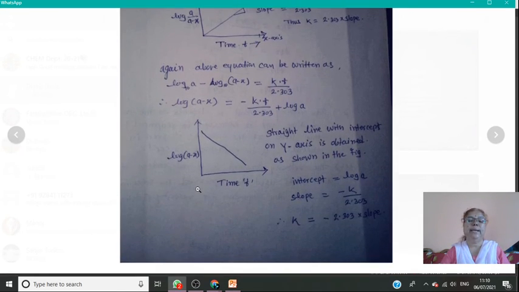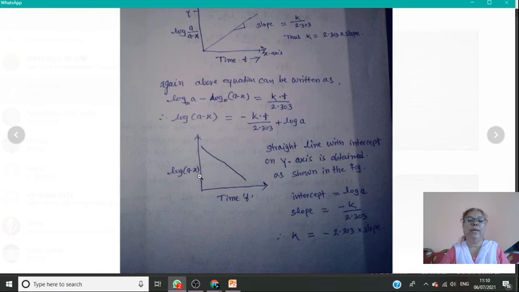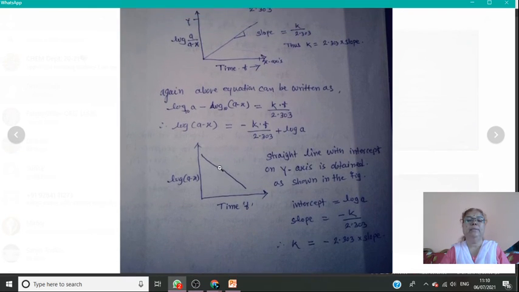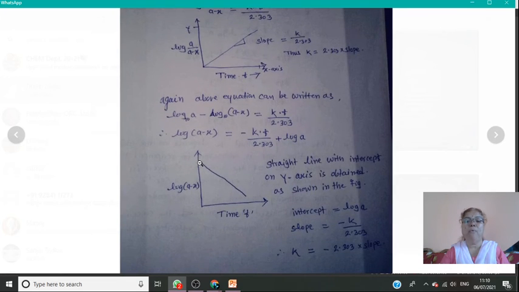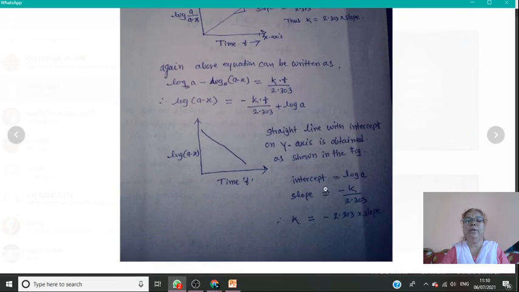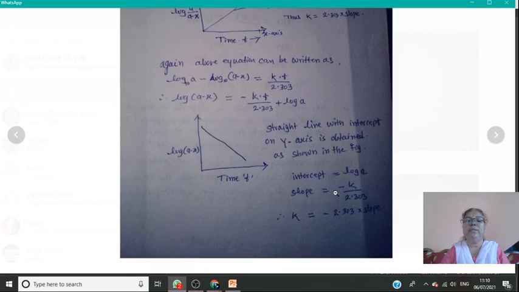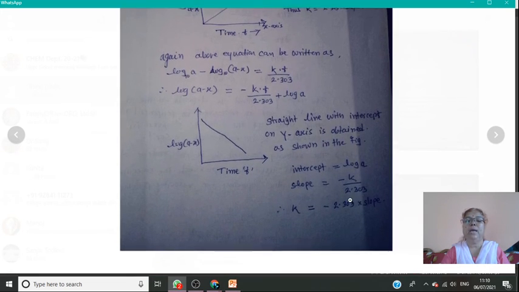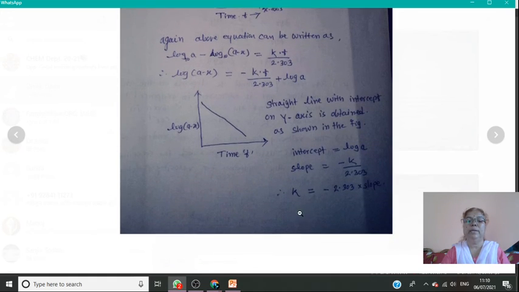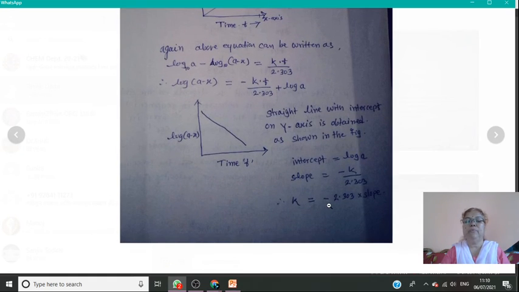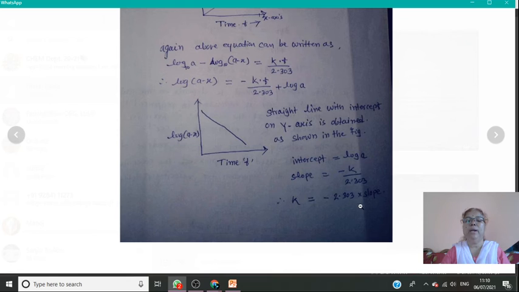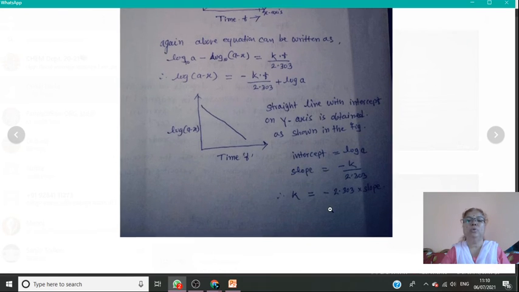And see the second graph here, log of a minus x versus t, again a straight line with intercept on y-axis, and the value of intercept is equal to log a, and slope is equal to minus k upon 2.303, and k is equal to minus 2.303 into slope.